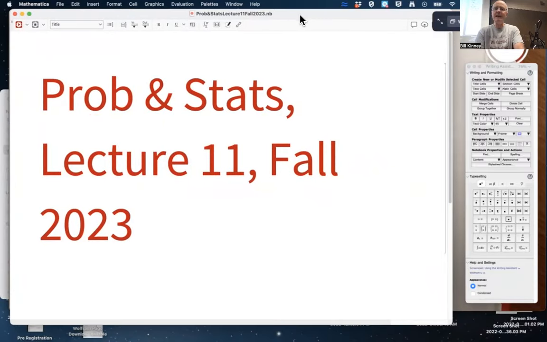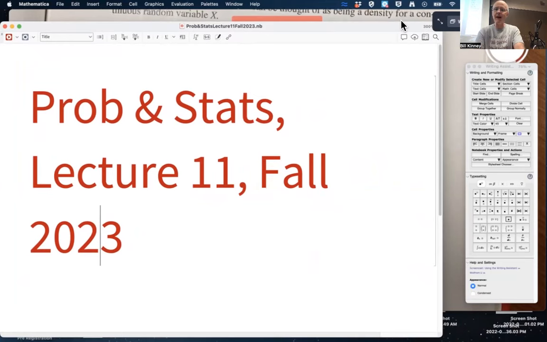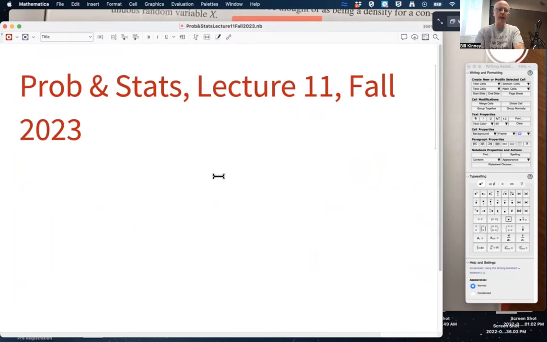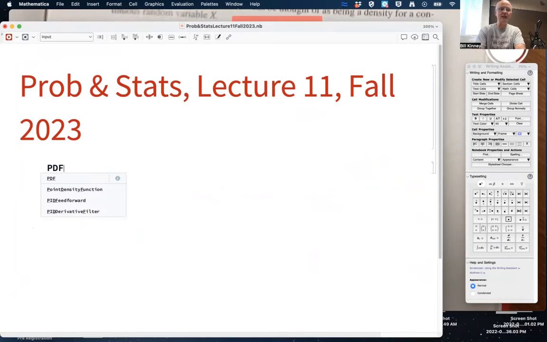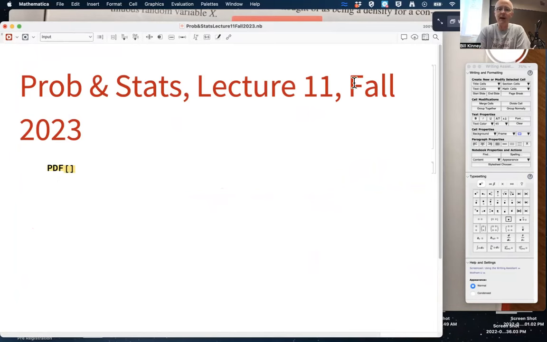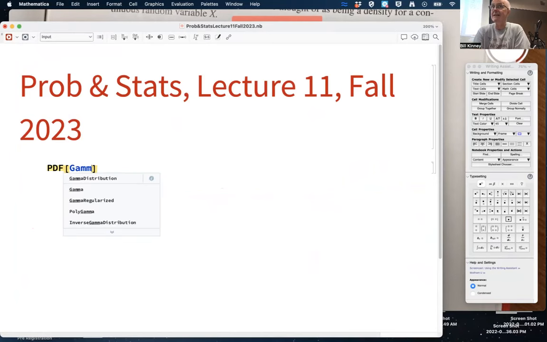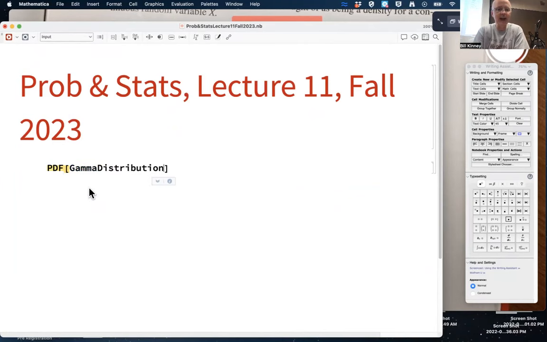How do you get this PDF to show up in Mathematica? I have shown you this a little bit before. You can use the command PDF, probability density function, square brackets for inputs of Mathematica functions. Gamma distribution is built in. So you can start typing GammaDistribution, finish it like that.